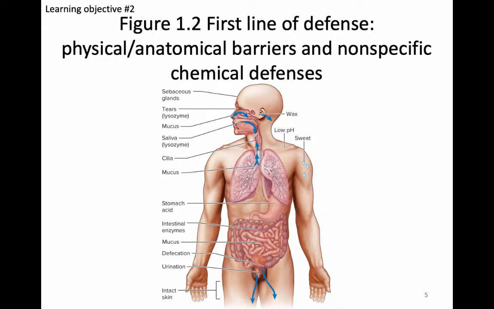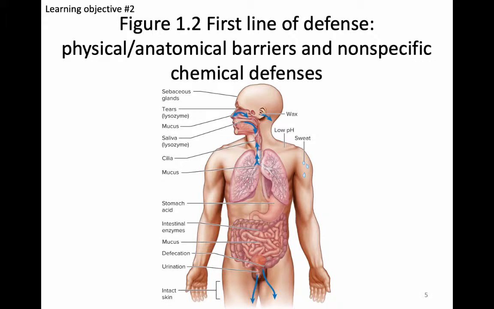In the first line of defense, we also have several non-specific chemical defenses. Some examples of these are tears in the eyes, which contain an enzyme called lysozyme. It's also present in saliva and sweat. And lysozyme will break down the cell wall of bacteria. We have sebaceous glands, which release oils in the skin that are antimicrobial.